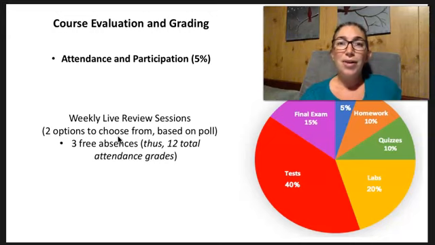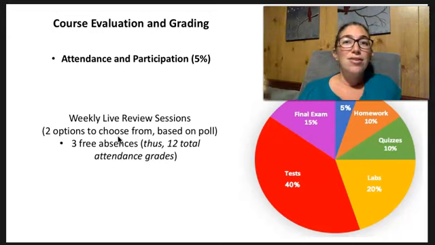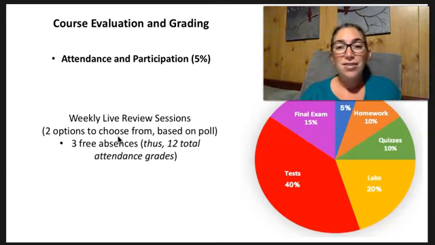I'm also allowing for 3 free absences over the course of the semester. So over a 15-week semester, that's 15 times I'm asking you to attend class, but you get 3 free absences. So essentially, in order to get 100 on your participation and attendance grade, you need to attend class 12 times over the course of the semester, which is not too bad. And if you miss additional classes, I'll take the grade out of 12.